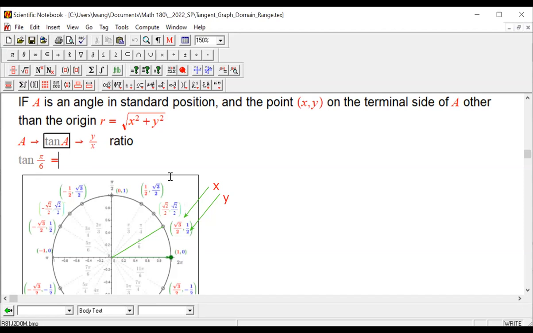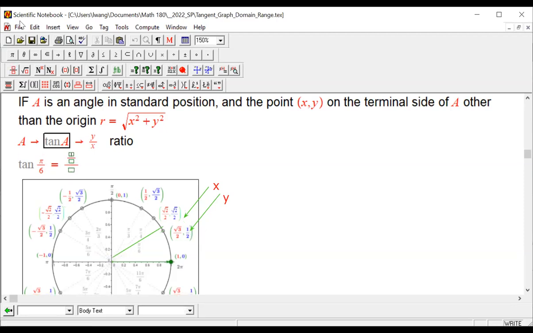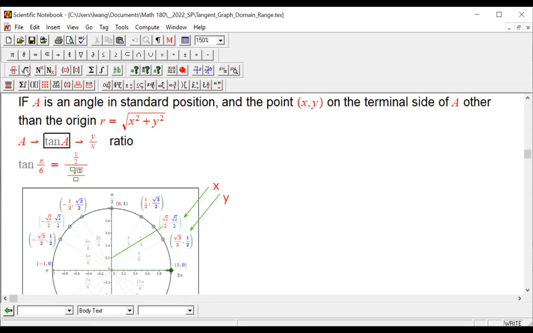Just divide the blue number by the red number. Okay, so y over x. In this case, y is half, and x is root 3 over 2. And then we reduce.